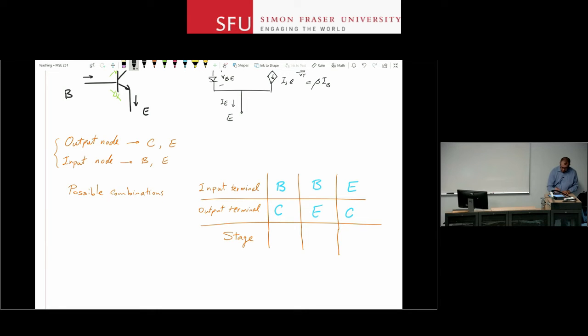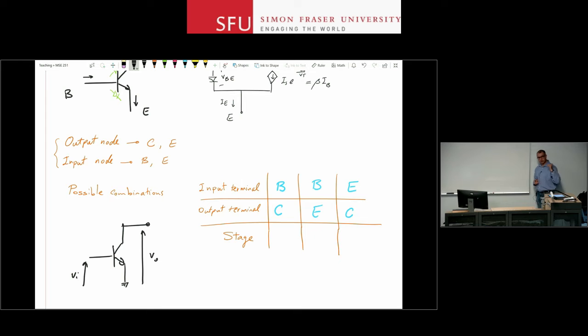I'm going to draw the transistor here. So let's say this is your input, and this is extremely simplified. We already know that you need biasing and everything else around it. And taking the output from here. So this is VI applied here, VO taken here.